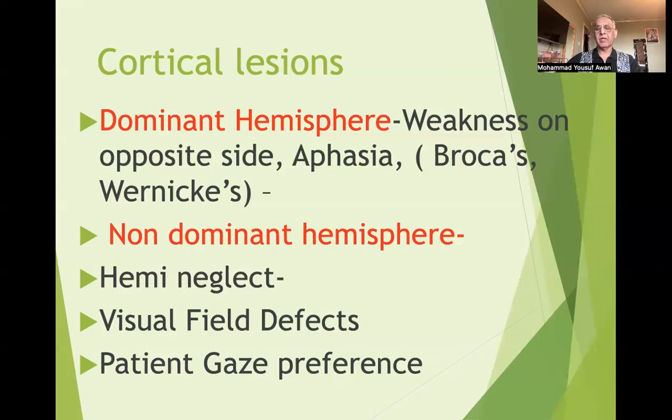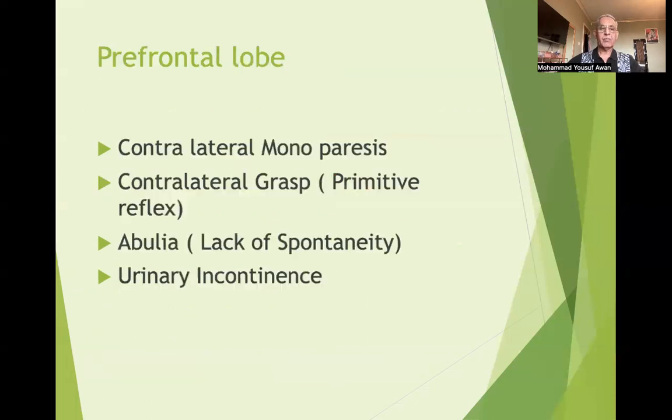The epileptic or seizure patient's gaze is towards the opposite side. So stroke looks toward the side of the lesion, seizure looks towards the opposite side of the lesion. So patient gaze preference will give you some idea which side of the brain is involved.